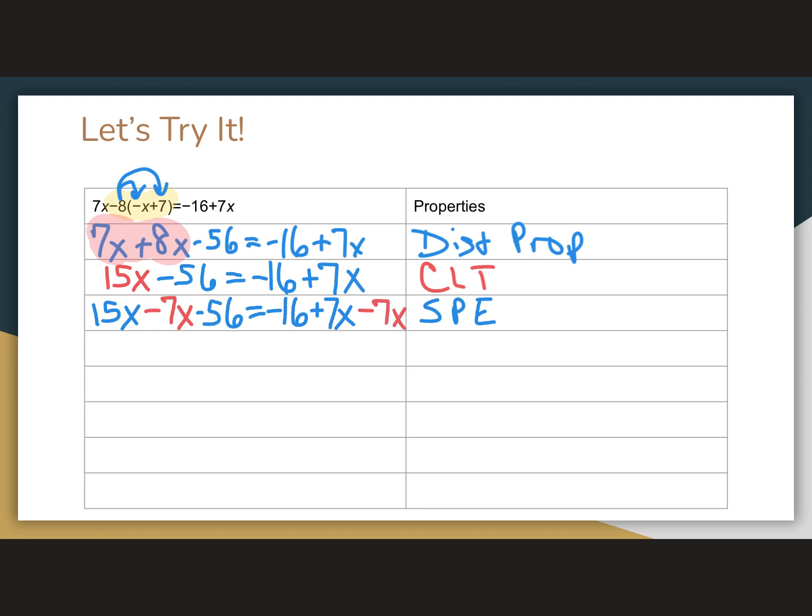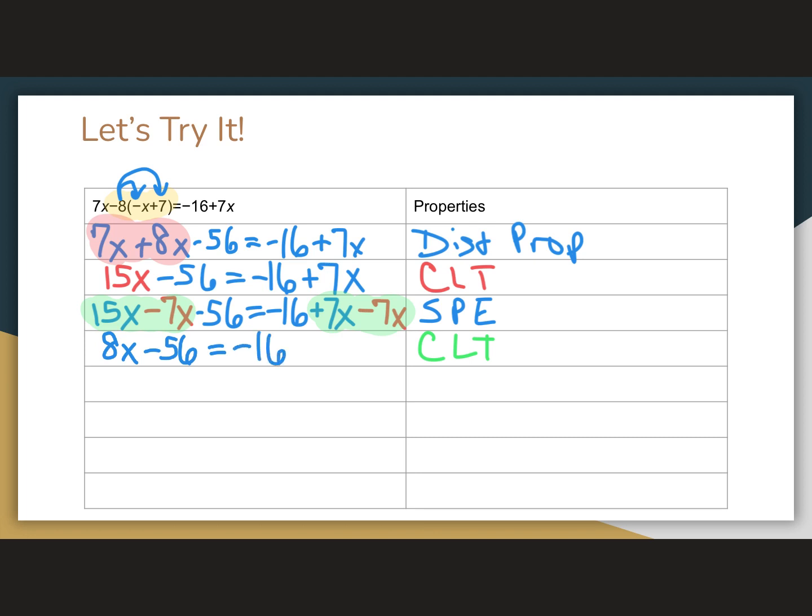So next I'm going to combine my like terms. Let's look to see what we have that we can combine. On the left side, I see I have a 15x and a minus 7x. On the right side, I have a positive 7x and a negative 7x. So let's rewrite this with those combined. 15x minus 7x gives me 8x minus 56 equals negative 16.